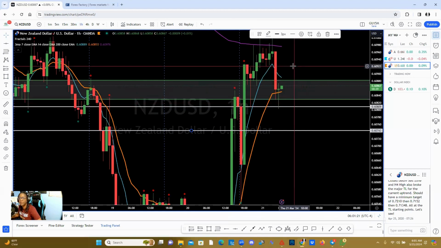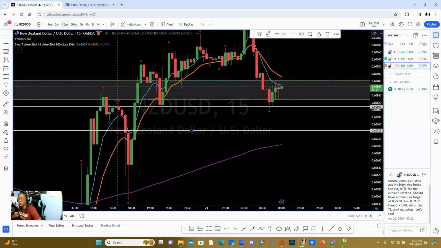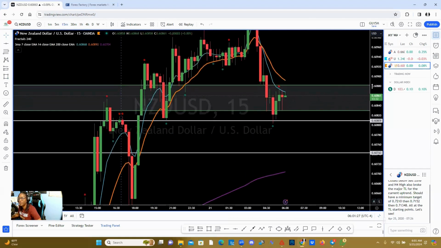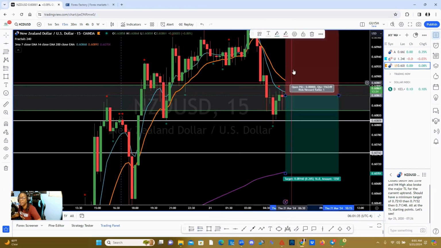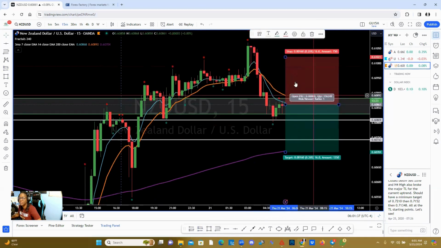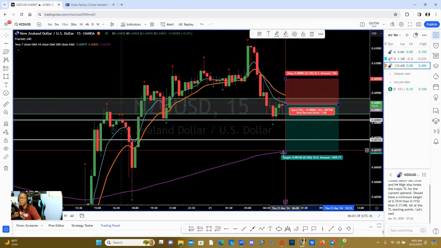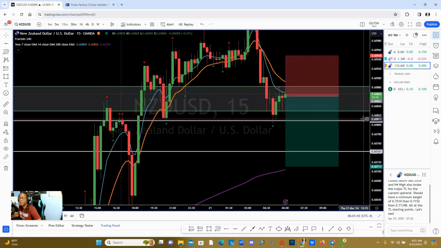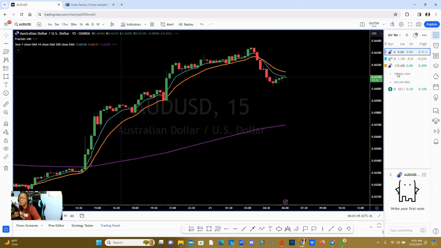So I don't know if they're going back up there. Just kind of waiting to see something a little bit cleaner. But we could in fact sell, get a nice little sell, even from where Zealand dollar is right now. Potentially, the Zealand dollar could give us this little move right here, and it is pretty weak.